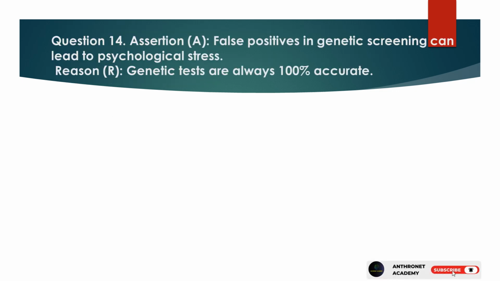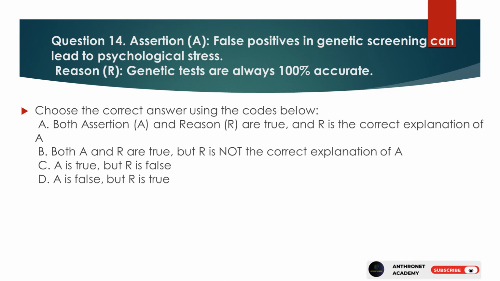Question 14. Assertion A: False positives in genetic screening can lead to psychological stress. Reason R: Genetic tests are always 100% accurate. Choose the correct answer using the codes below.